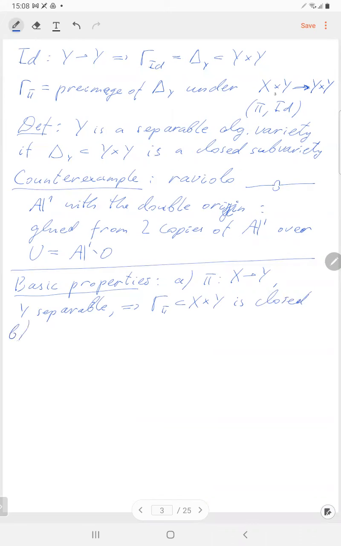Second is that any subvariety, I mean locally closed subvariety, of a separable variety Y is separable as well.